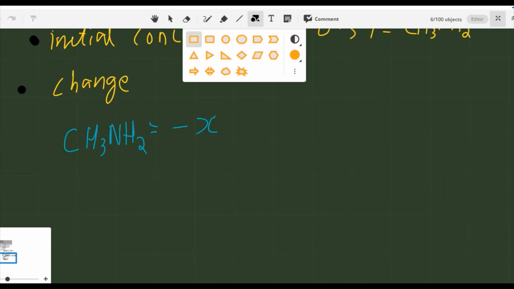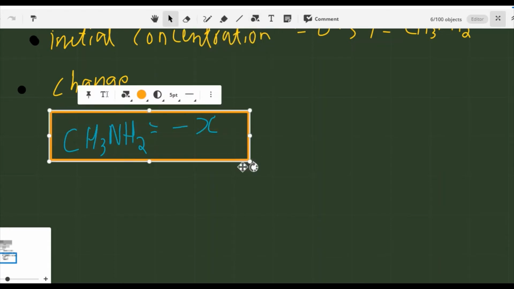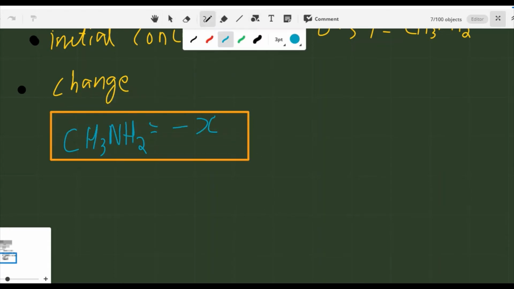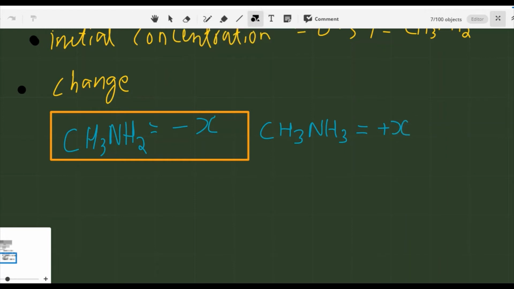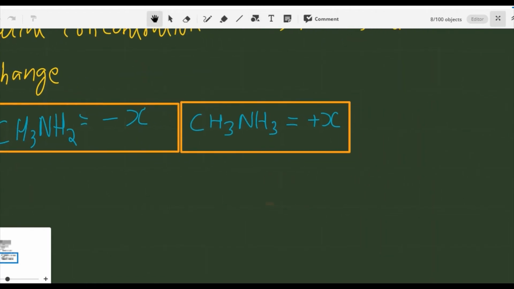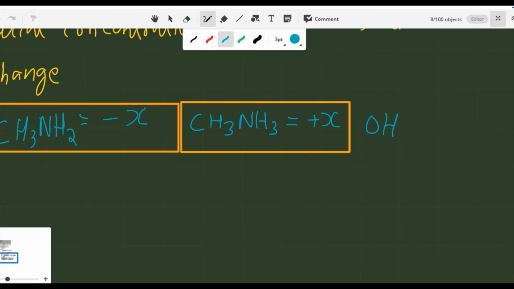Second, the concentration of CH3NH3 is increasing, so I am going to write positive x. The third part, the hydroxide ion concentration, is also increasing, so OH is also positive x.